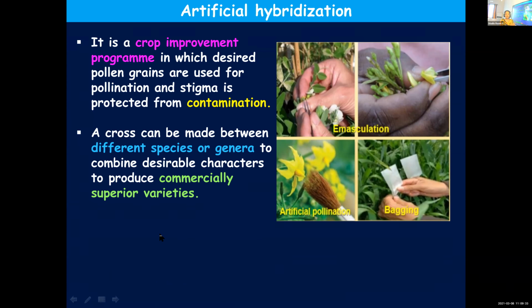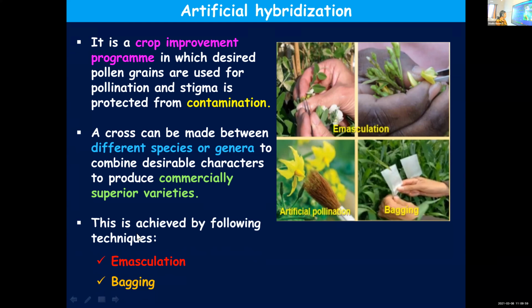But in artificial hybridization, we can artificially make them germinate, or carry out pollination and fertilization. In this way, you can make a cross even between different species or genera of plants so as to get commercially superior varieties, which will combine the desired characteristics of both the parents.